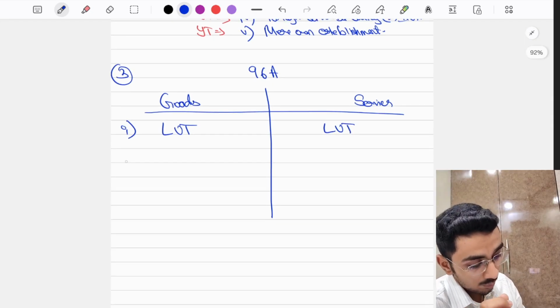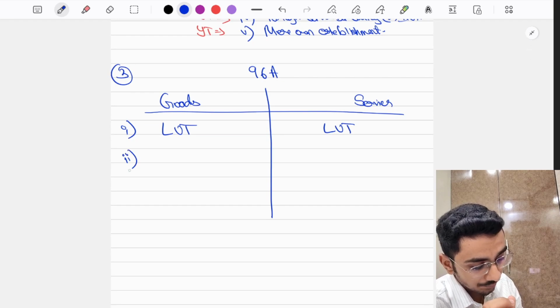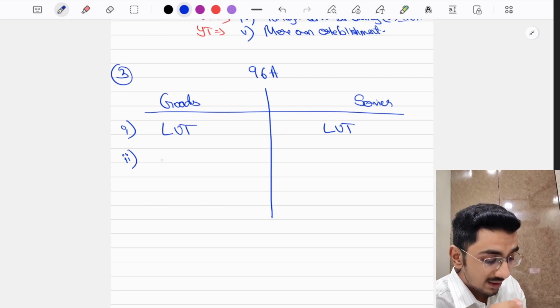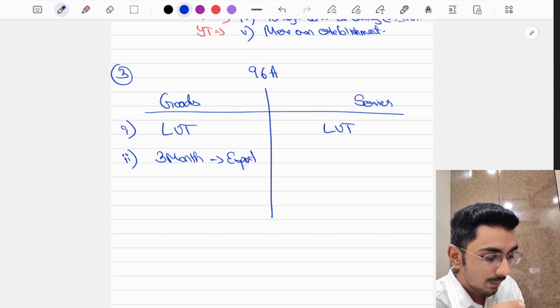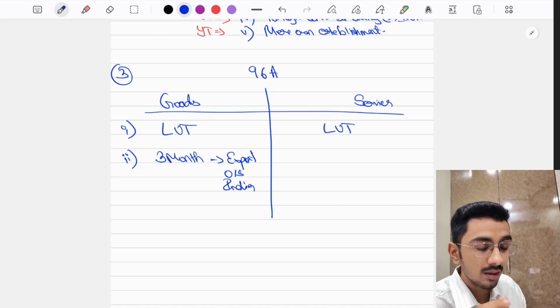Now the condition for goods is very simple. Within 3 months, the goods should be exported outside India. This is regarding goods.